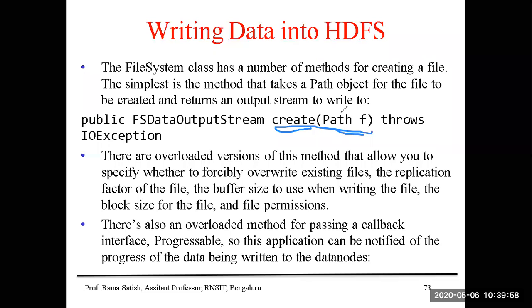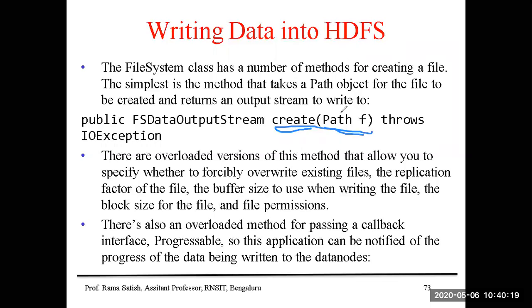After executing the create function, the Progressable method is called, and that is a callback. Again, after executing, Progressable will call create again. So that is the process. Anyhow, we'll see that in the upcoming example.